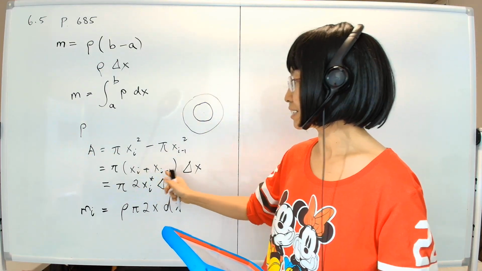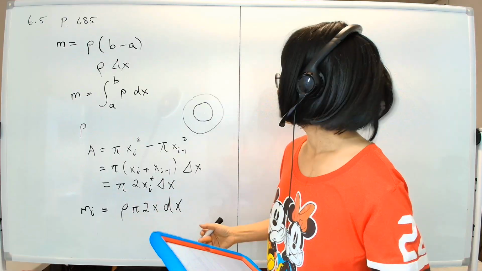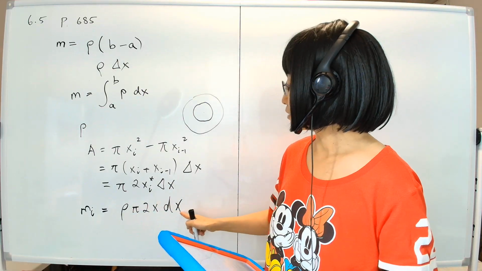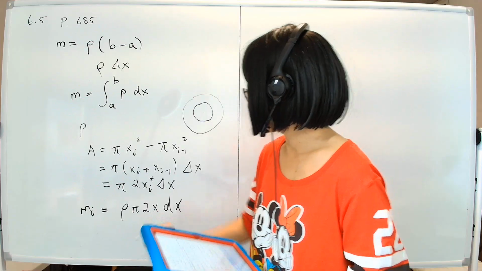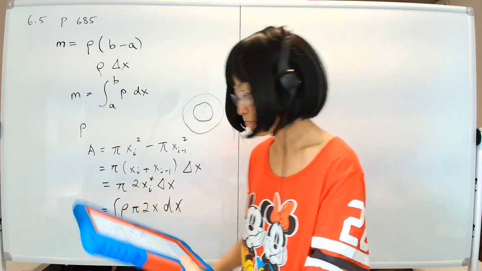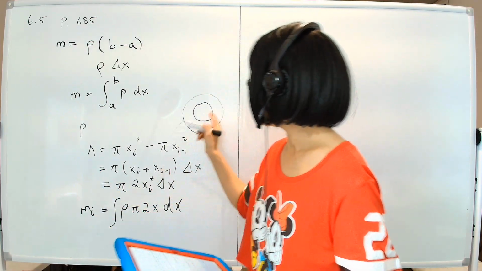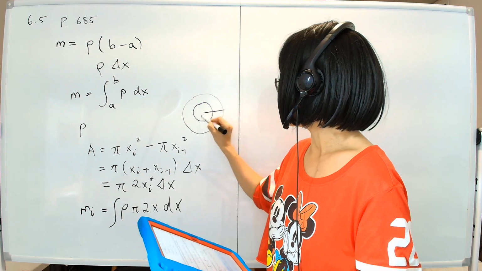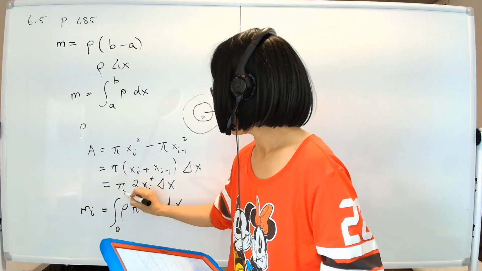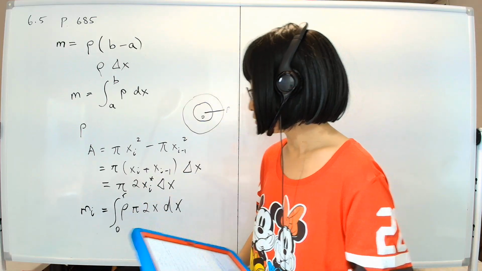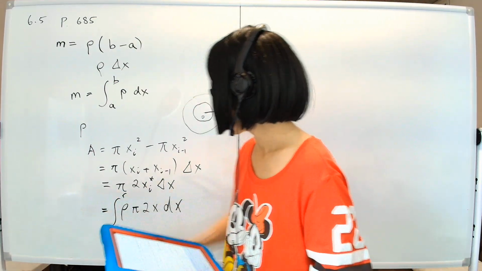So x_i and x_{i-1} are the same thing, and so then we'll just write it down as x, and then you just integrate from 0 to the radius r. So integrating from 0 to r gives you the total mass of this disk.